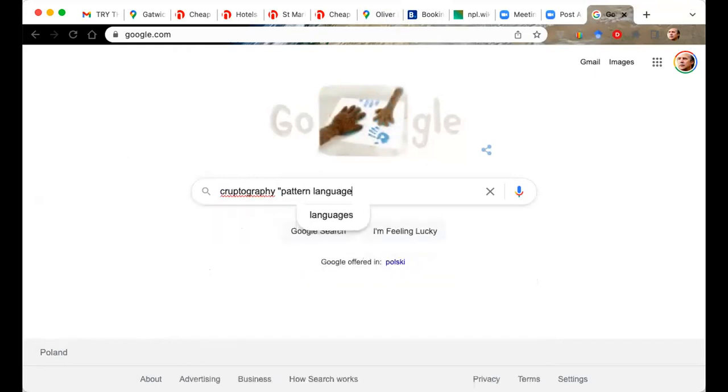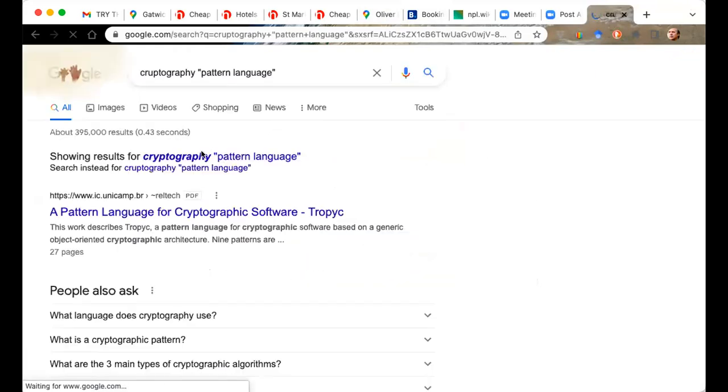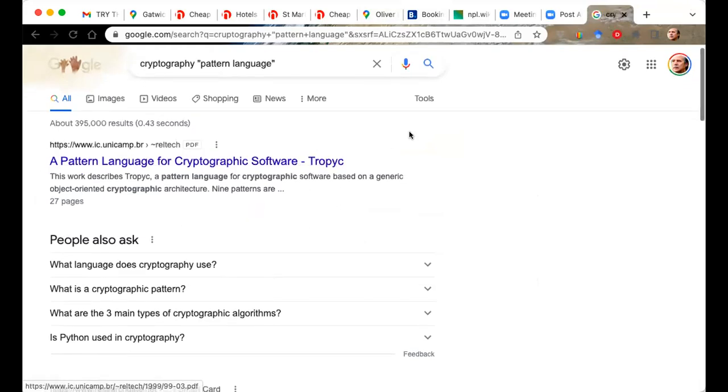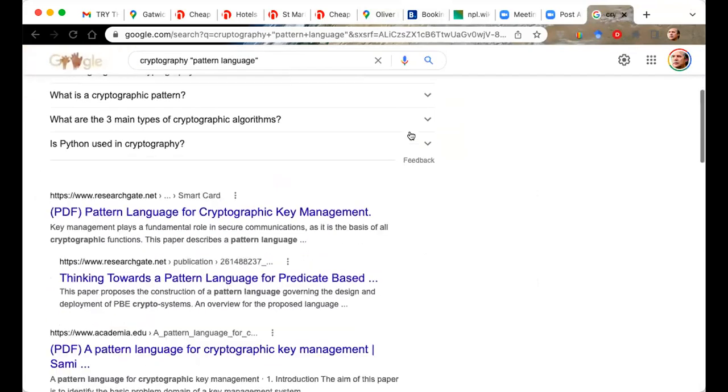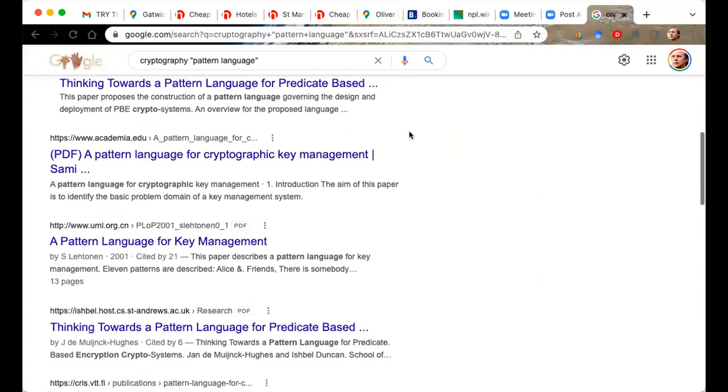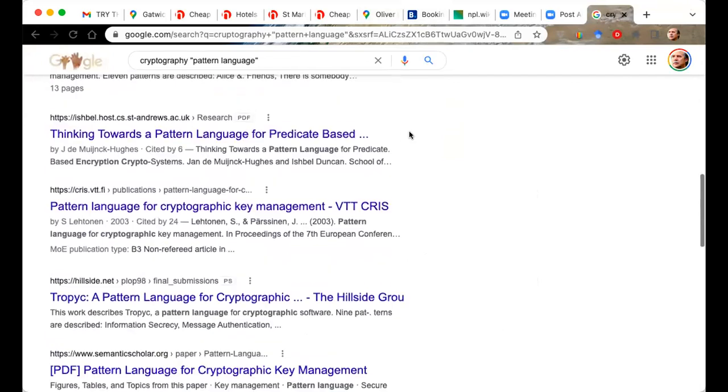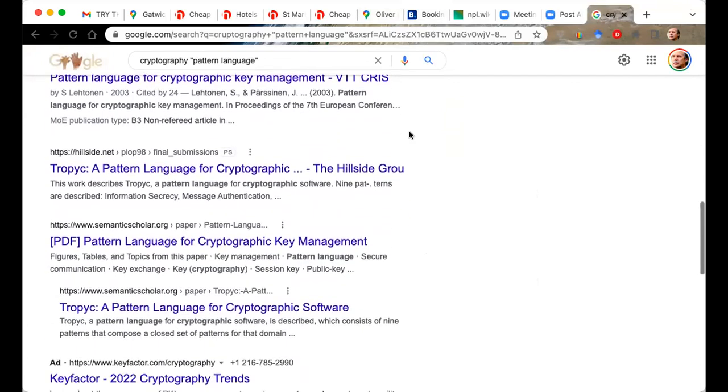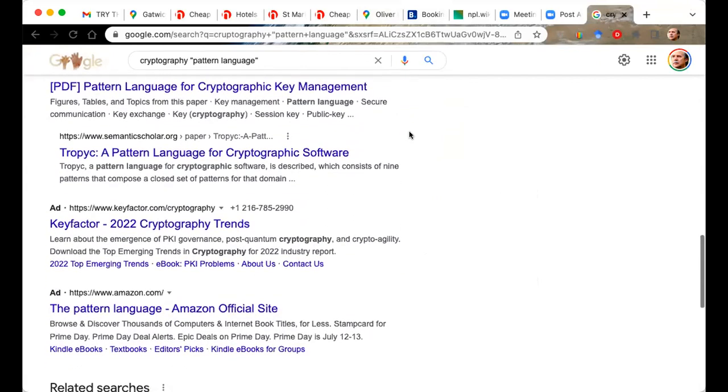And it can therefore be admitted that pattern language rules the world in a certain way, because without it, it would not be possible to write some things down reliably and efficiently. Yeah, so it's extremely important.